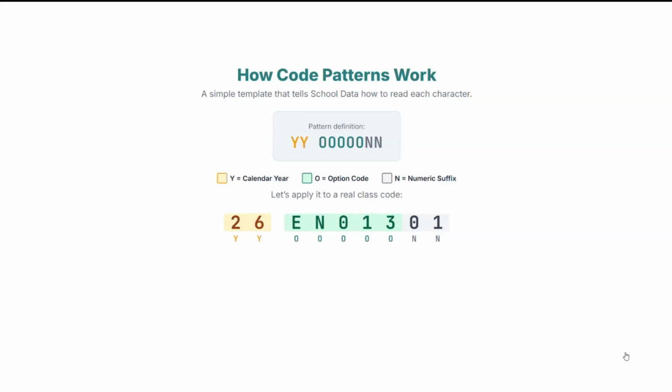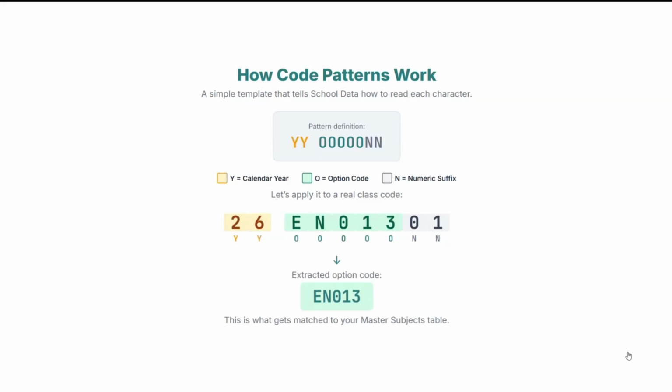Each character in the class code lights up according to the pattern. The gold characters are the year. School data ignores these for matching. The teal characters are the option code, the part that matters, and the grey characters are the suffix. The extracted option code is EN013, and that's what gets matched to your master subjects table.